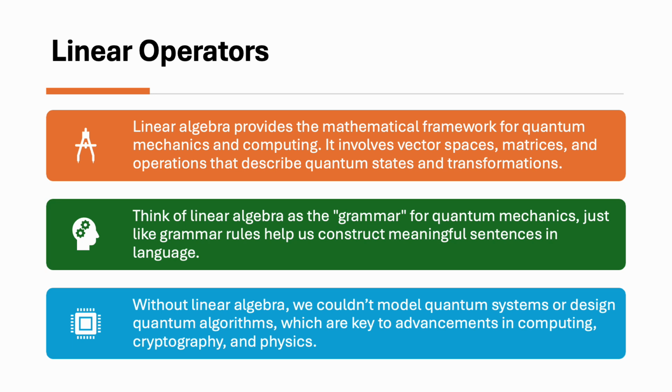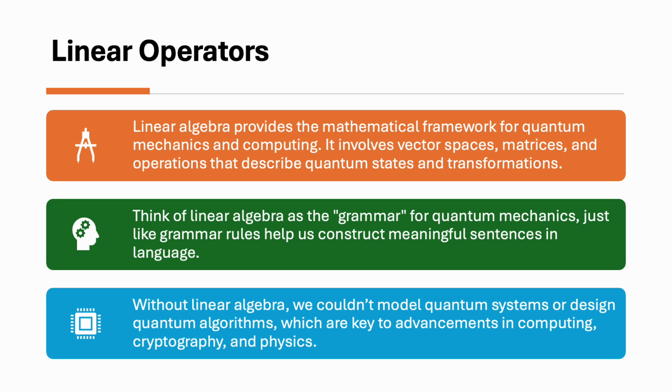Linear operators. This is another area that I would suggest you look into by conducting research at Google Scholar or IEEE Xplore to find more in-depth material. Linear algebra provides a mathematical framework for quantum mechanics and computing. It involves vector spaces, matrices, and operations that describe quantum states and transformations. Think of linear algebra as the grammar of quantum mechanics.